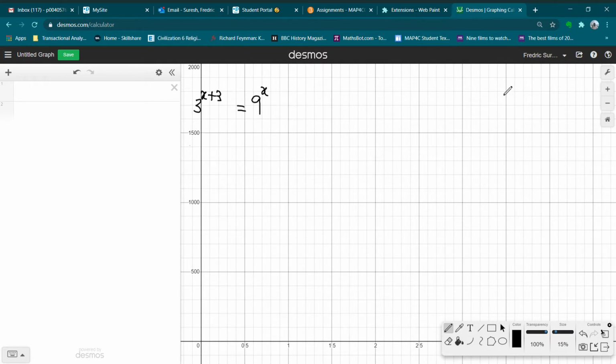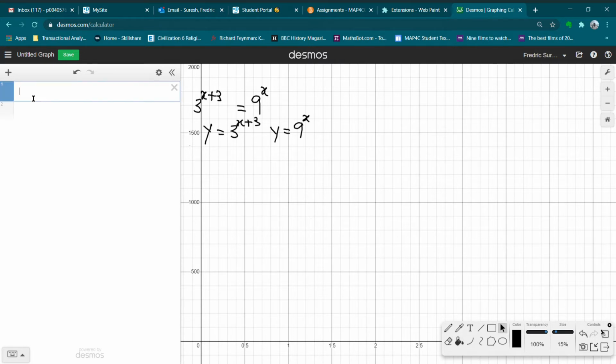Let's plot the left side by itself, which would be y equals 3 to the power of x plus 3, and let's plot the right side by itself, y equals 9 to the power of x. So go ahead, plug those two in.